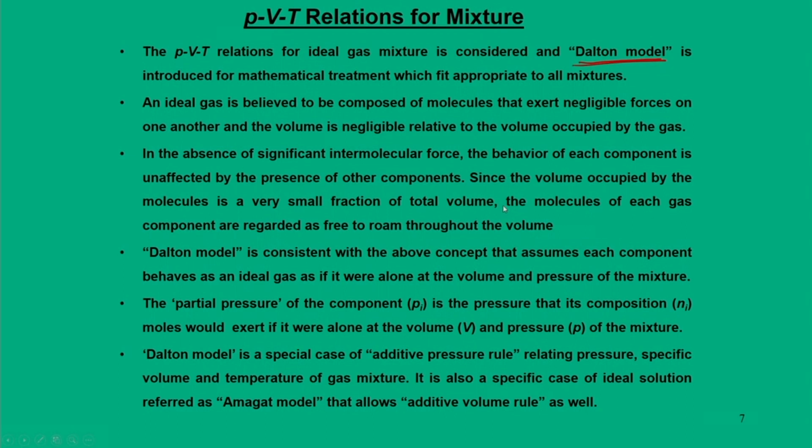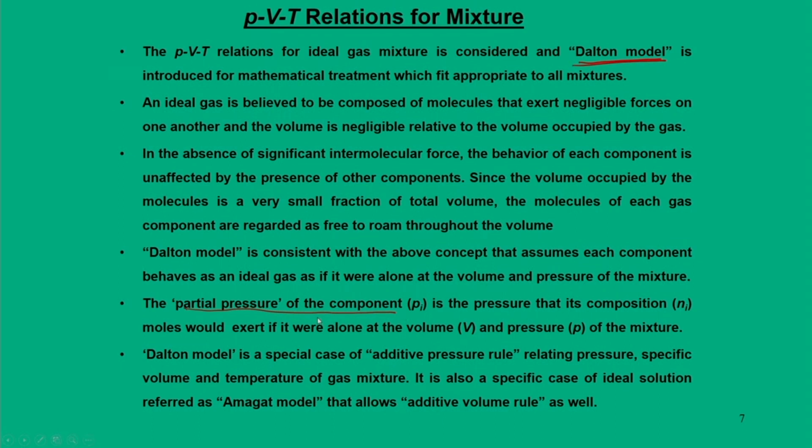So, Dalton's model takes advantage of these considerations, and he proposed a concept that we call partial pressure for the component of the mixture. Considering this Dalton's model, which is consistent with the above concept, it is assumed that each component behaves as an ideal gas as if it were alone at the volume and temperature of the mixture.